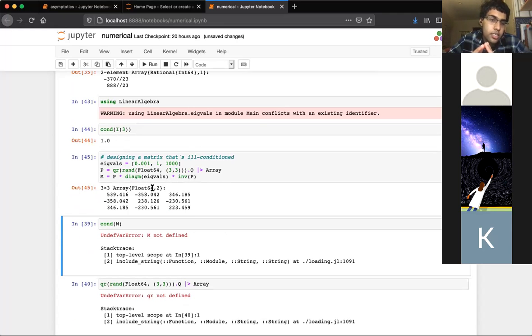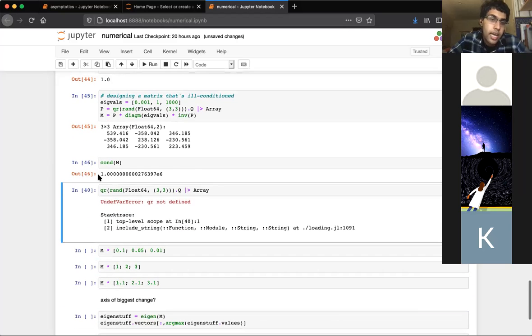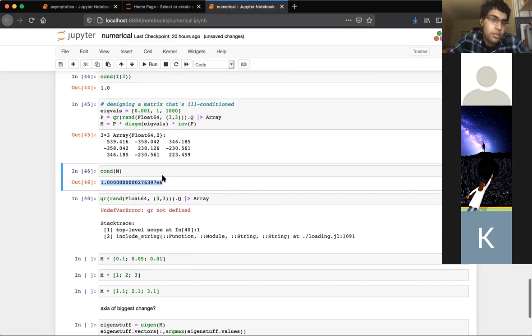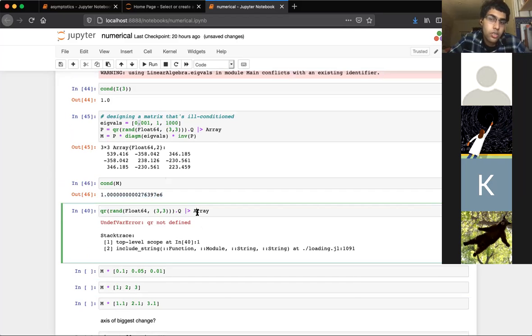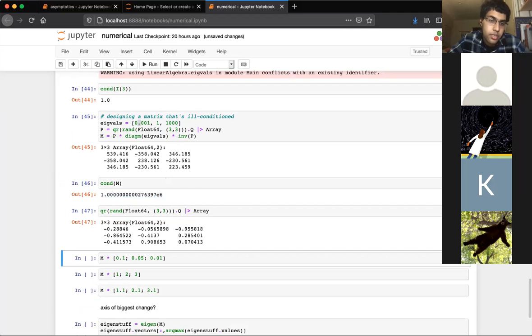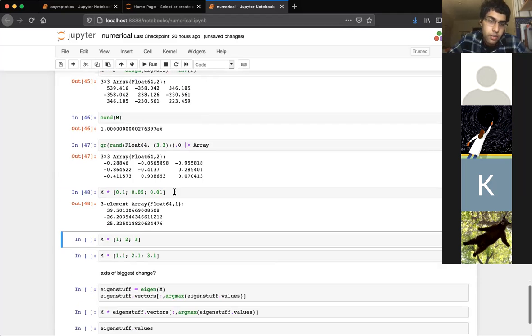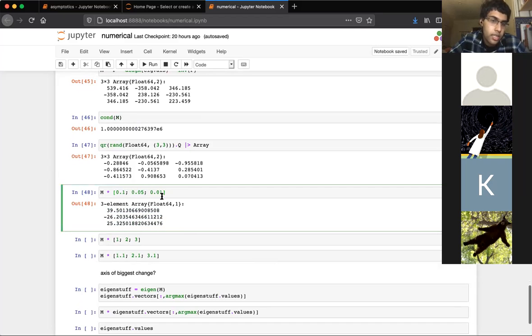So for example, here's a matrix that's ill-conditioned, meaning I might get drastically different scales of answers depending on what I put in. I see this in its really big condition number, which is defined as its biggest eigenvalue over its smallest eigenvalue. There's a whole lot of theory to this, but you see over here, if I multiply this thing, this relatively small input gives me a massive output. I put in 0.1 and things that are smaller than that, and I get like 39.5.